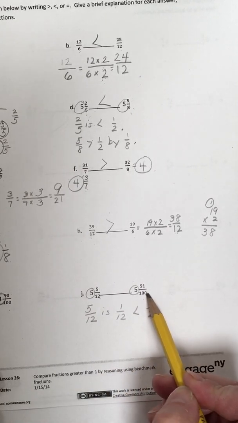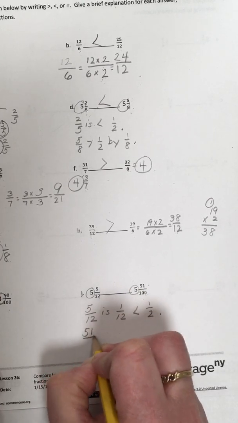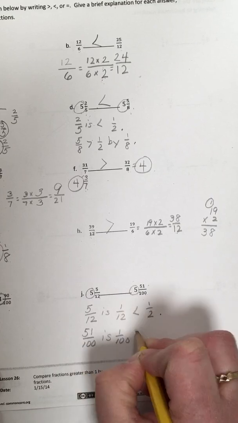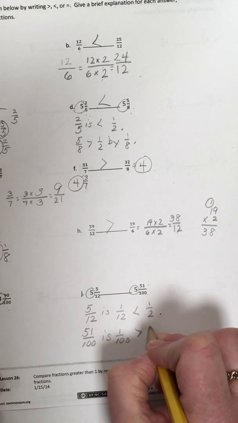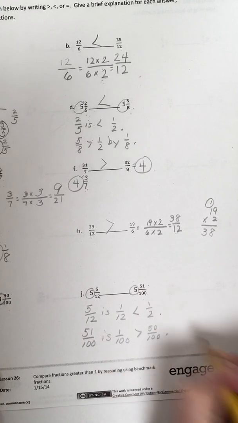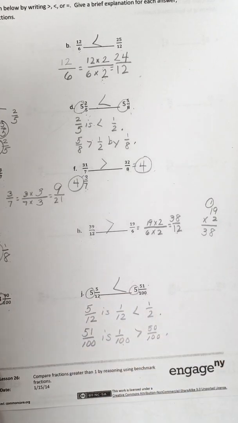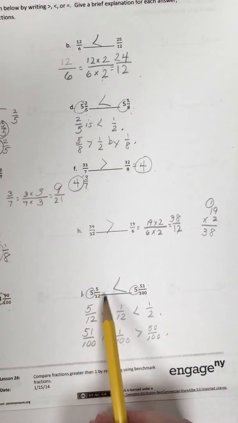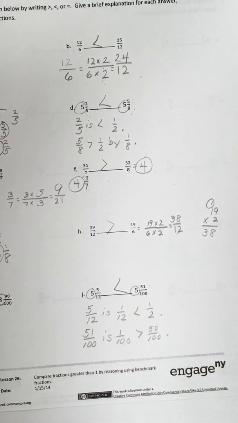Half of 100 is 50. So 51/100ths is 1/100th greater than 50/100ths or 1/2. So if it's greater than half, it's the bigger mixed number. So 5 5/12ths is less than 5 and 51/100ths.